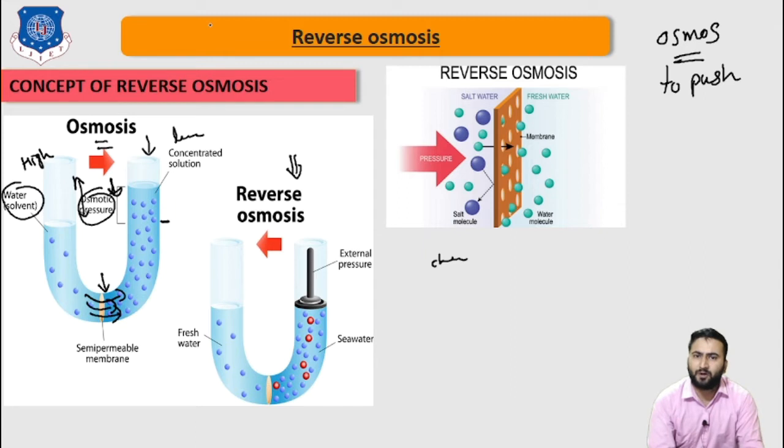We want more pure water, and so we must increase the pressure on the salty side of the membrane and force the water across. The amount of pressure is determined by the salt concentration.